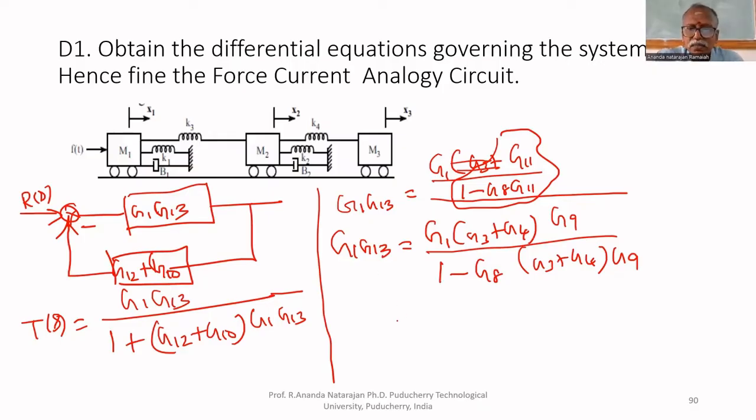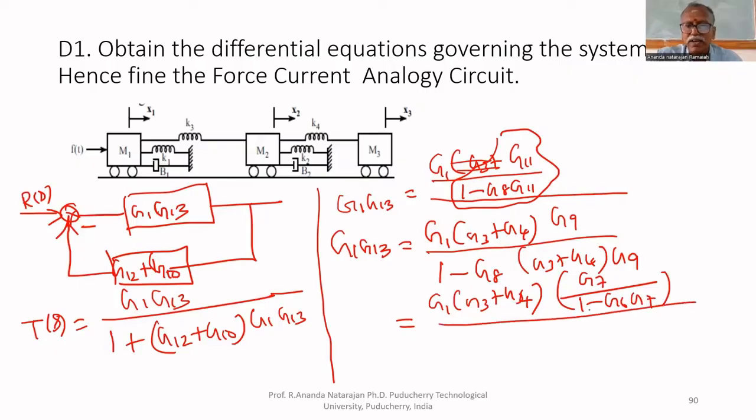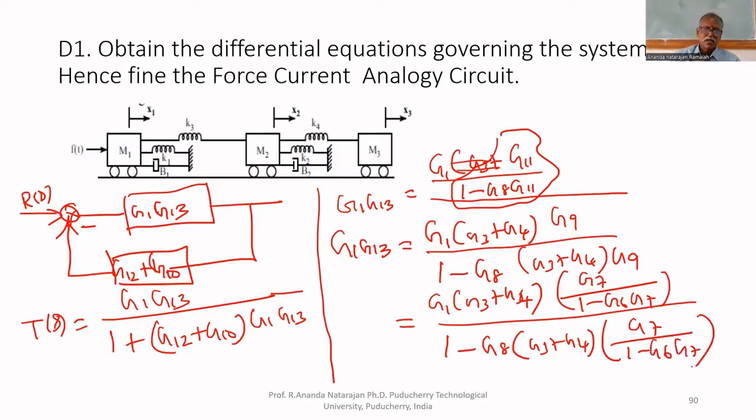G9 is G7 upon 1 minus G6 G7. So we got G1 G13 like this.